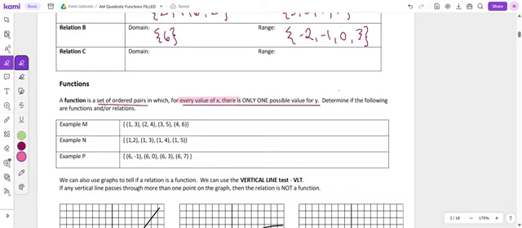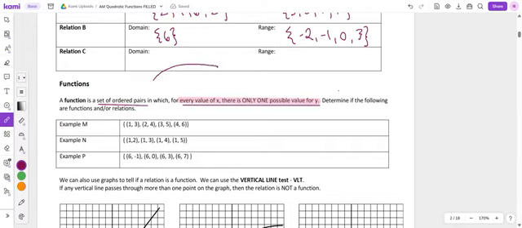Every x value can only have one y value. So this is a specific type of relation. You've got relations, and within relations there's a small subset called functions. Relations are just x's and y's, but in a function every x can only have one y. So you can't have x showing up twice.